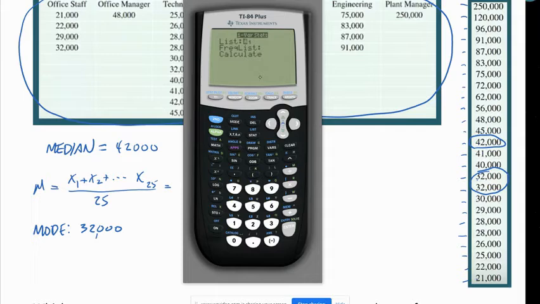List 1 is where our data is, and we don't have a frequency list, so we're just going to go down to Calculate. And it tells me X bar is 19.43. So that's the average of that short list of numbers that I just typed in.